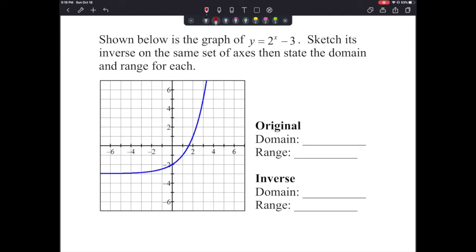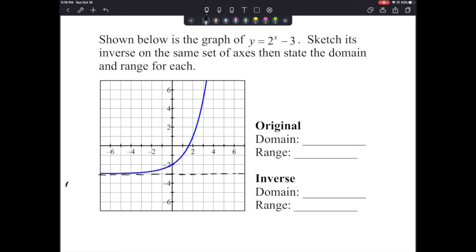Okay, so if we want to find the inverse of this function, the first thing to think about is doing our table where we take the points and flip them around. If we think about our original graph, it has a horizontal asymptote that runs right down here where y equals -3.